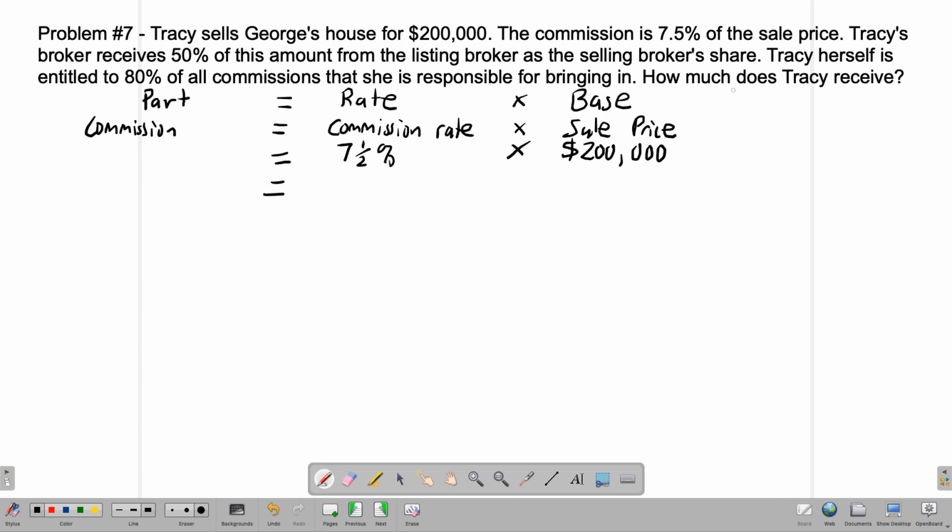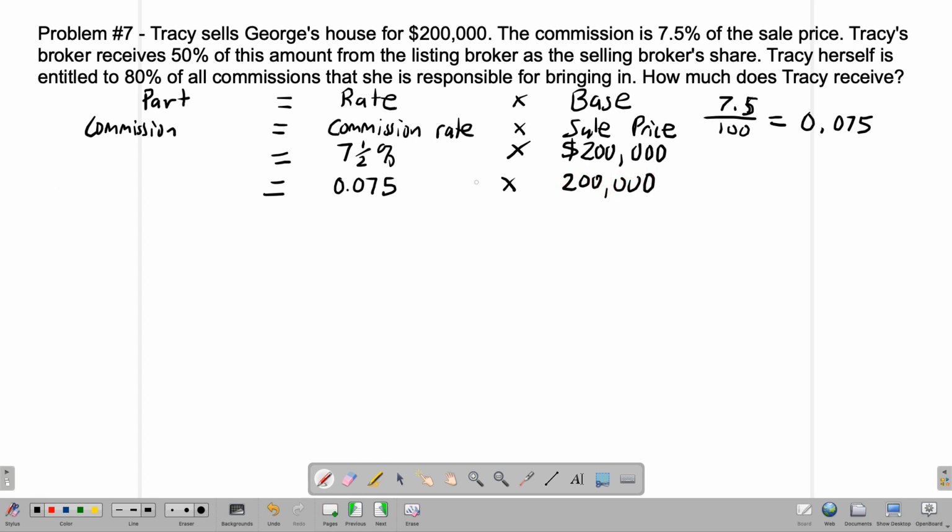So we have the 7.5. This is 7.5, the same as saying 7.5 divided by 100, and that's going to produce a value of 0.075. So replace that here: 0.075 times 200,000 equals the commission.